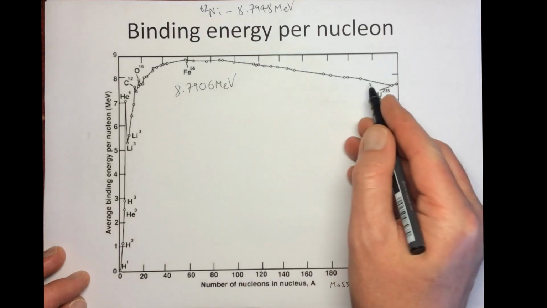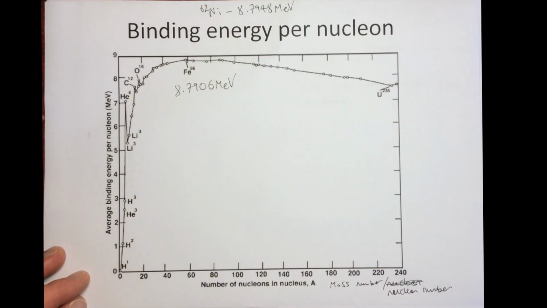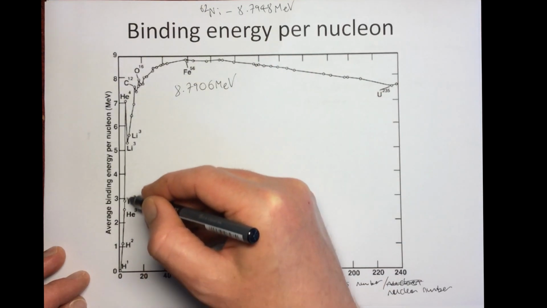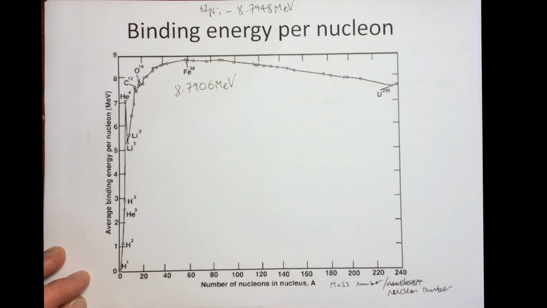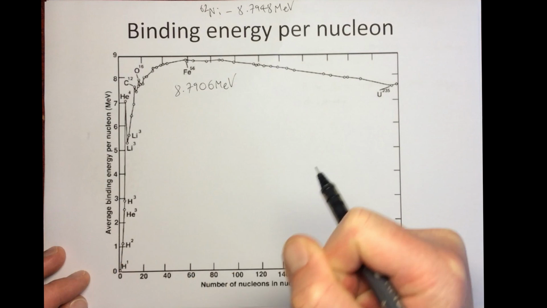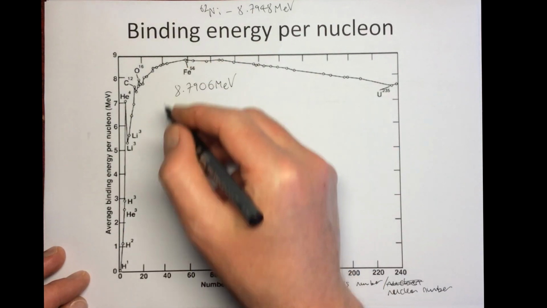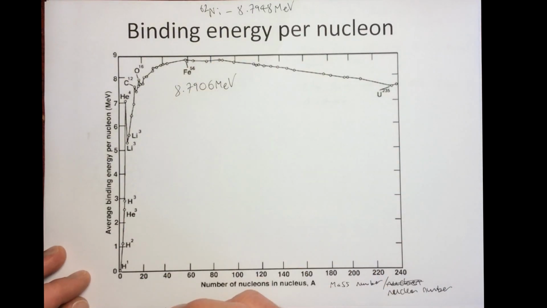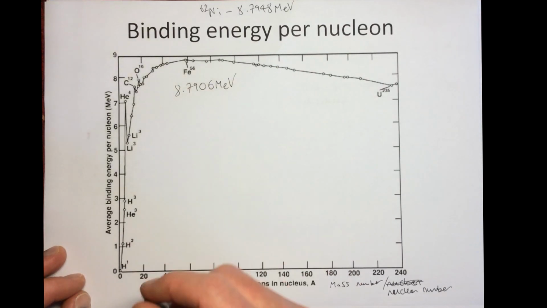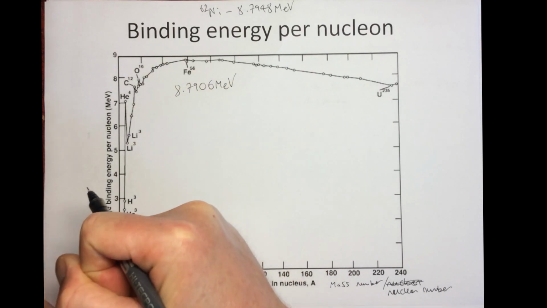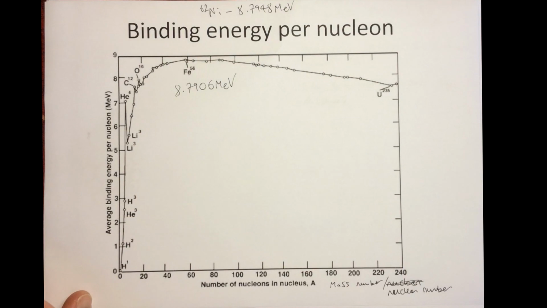Remember, the greater the binding energy per nucleon, the greater the amount of energy required to remove one nucleon from the nucleus. So iron-56 requires the most energy of all elements on this graph, discounting nickel, to remove just one nucleon from its nucleus.